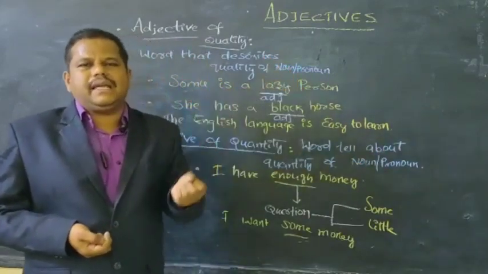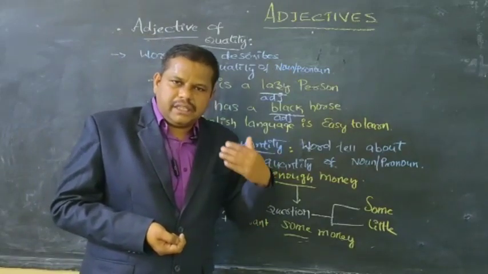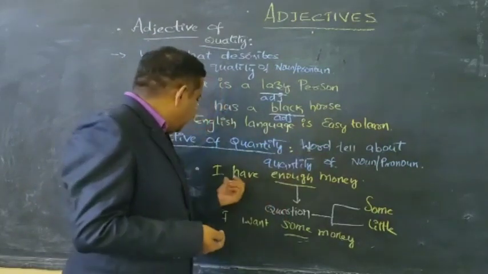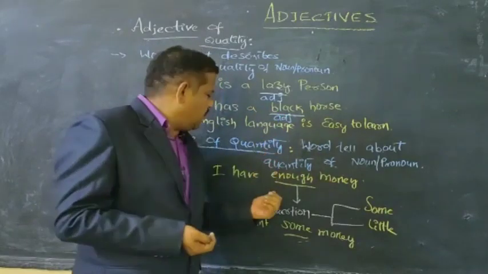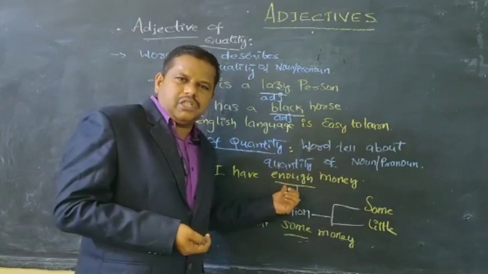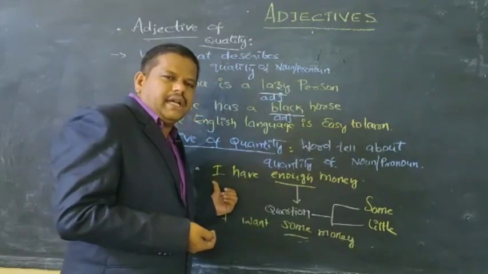Take one example and you will understand. I have enough money. In this one, the adjective is what here? Enough. And I am using the pronoun what here? I.